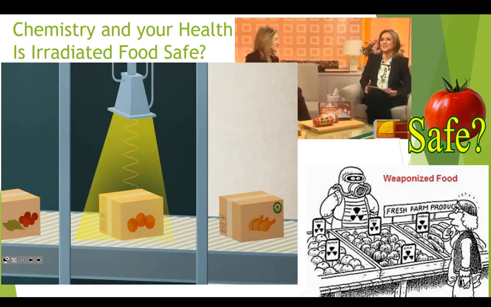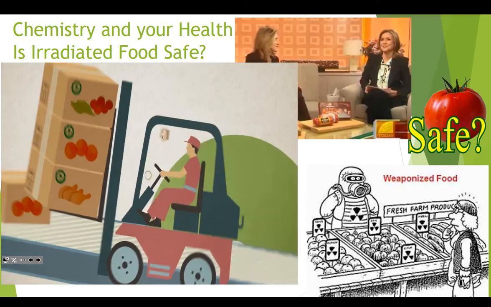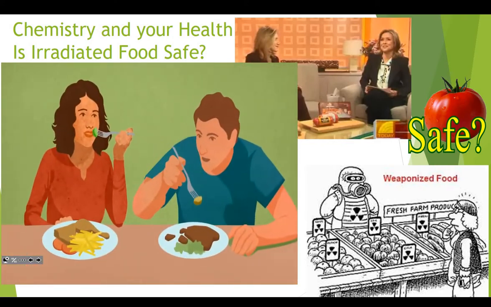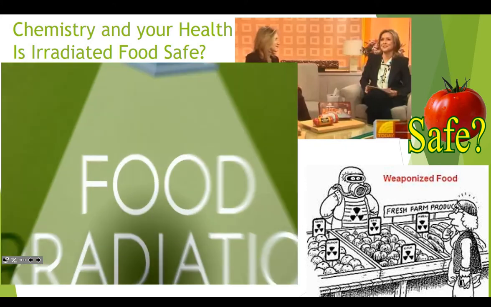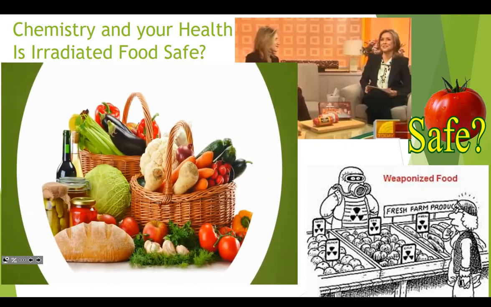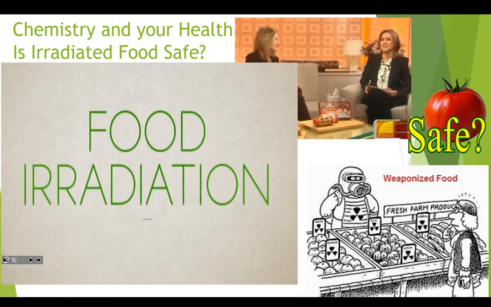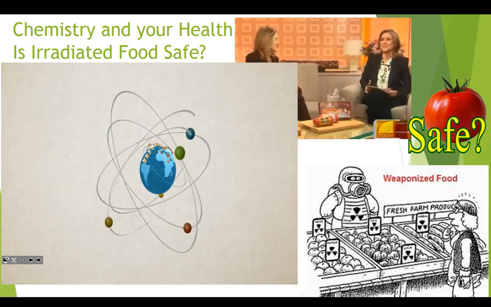In addition, those irradiation beams pass through packaging, so the food remains protected from bacteria or insects after treatment and will remain fresh longer. Food irradiation offers a chemical-free and heat-free approach. It maintains fresh food quality, reduces the risk of foodborne diseases, and prevents the spread of exotic insects through globalized trade.